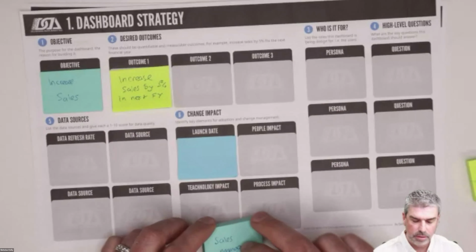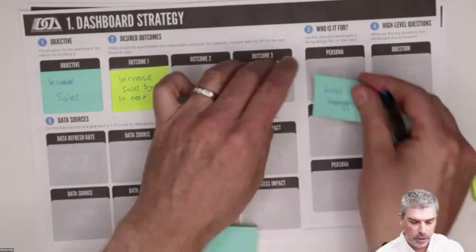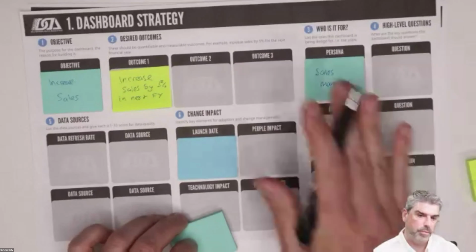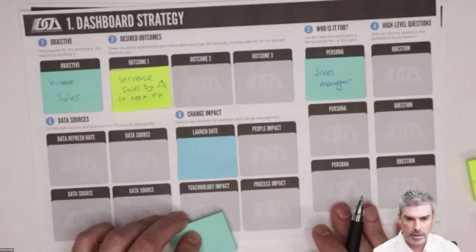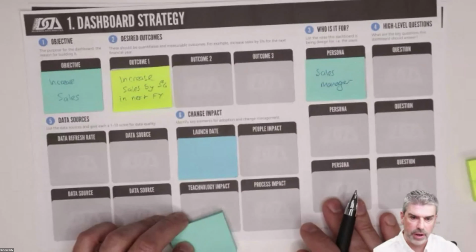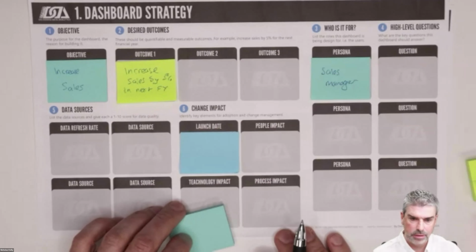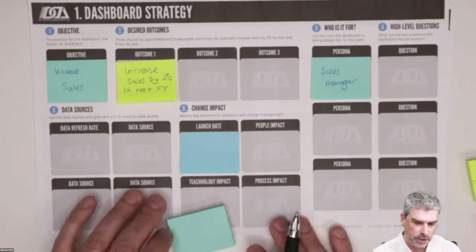Okay, so there's one example. You could have more. When you have more, you increase risk. So just keep that in mind. The more personas you have, the more you're trying to satisfy competing needs. So the preference is to have one persona. Not always realistic, but that's the preference.